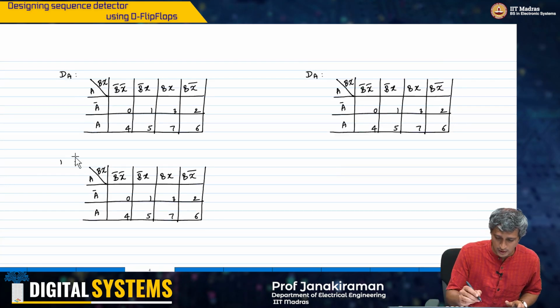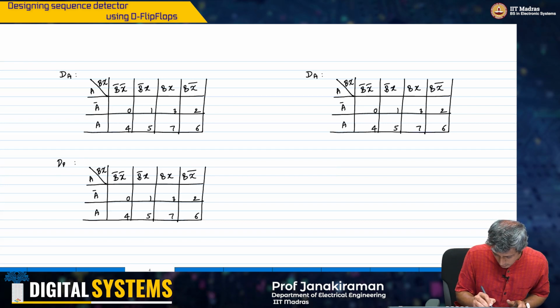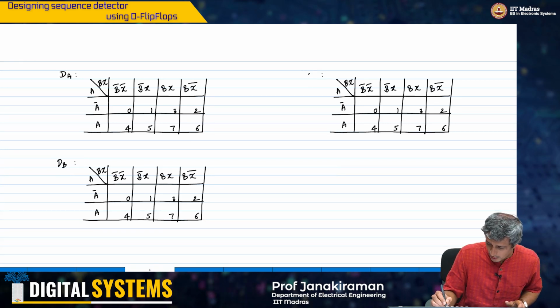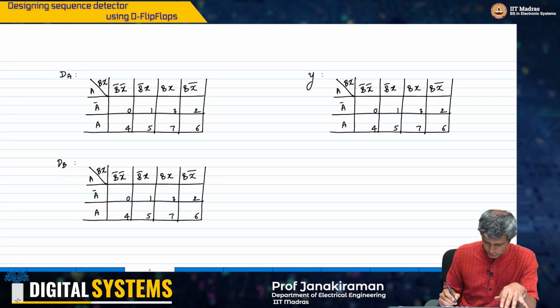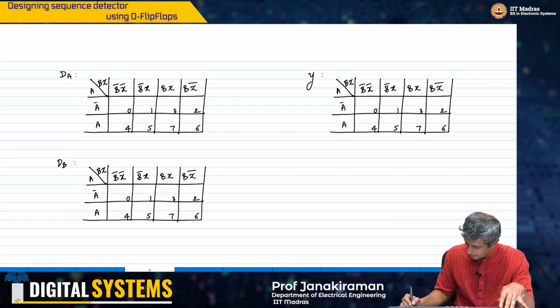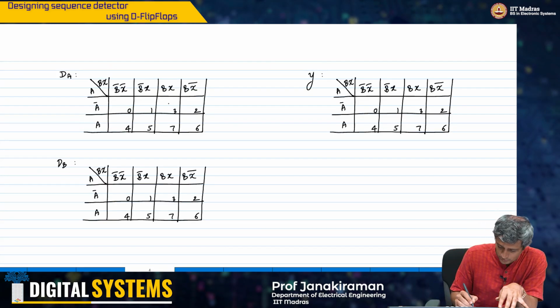So this will be DB, and this will be my output Y. If you look at the DA and DB now, DA is 3, 5, 7, right?